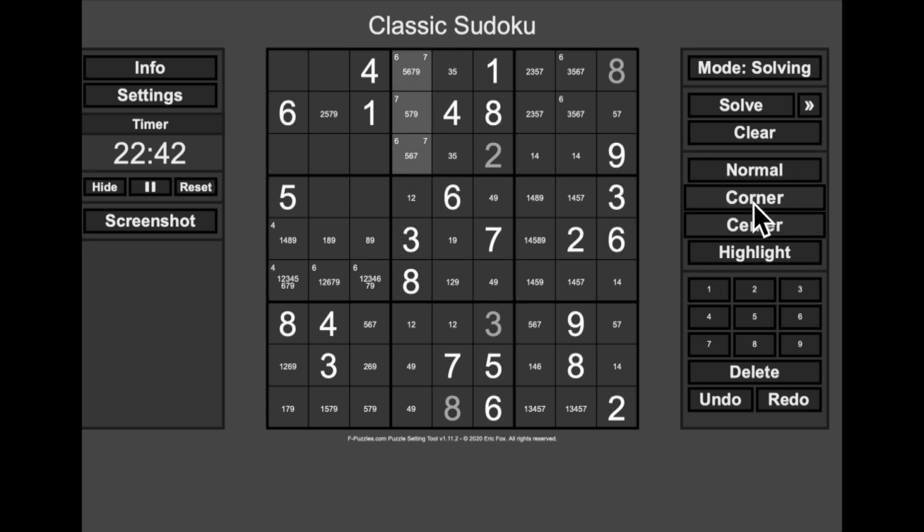None of these could be a 5. Okay, that's a 4 or 9.